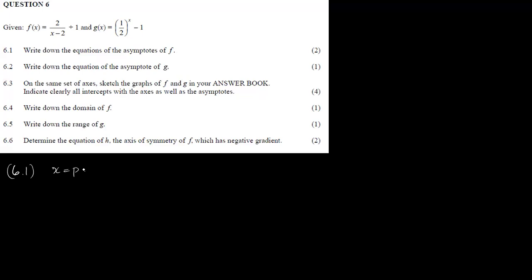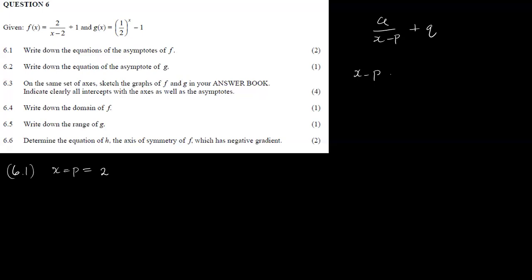So the equation of our asymptote in this case for x is going to be -2. Sorry, +2. When it's negative like that, maybe I didn't emphasize this one. It's minus P there. So we're going to say x minus P is equal to what?